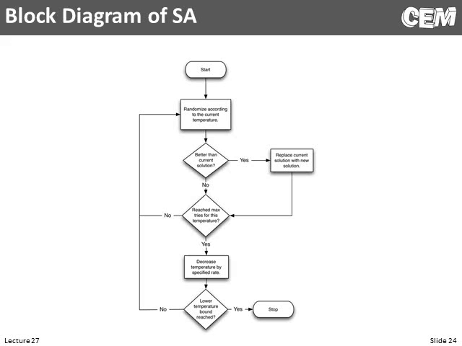For low temperature simulated annealing, the randomness is very small, so we'll be taking very small steps through the solution space. Higher temperature, we take much larger steps. So very often what happens is we start off very hot and we cool. We take large steps at first, we start searching over a wider area, and then as we cool, we converge. But anyway, we randomize our design.